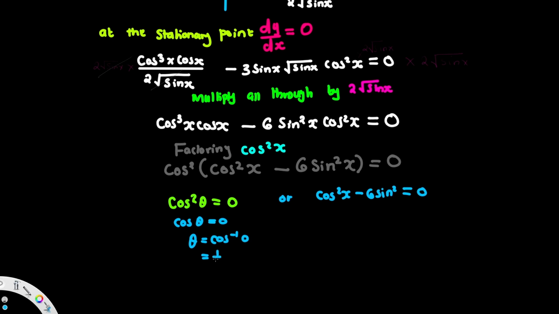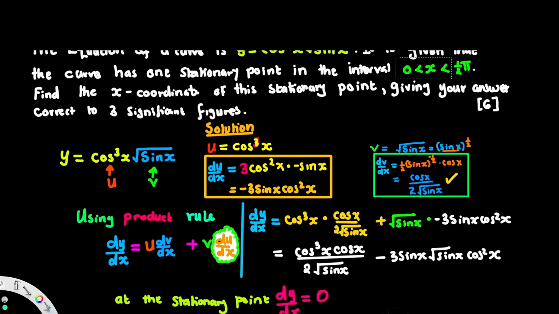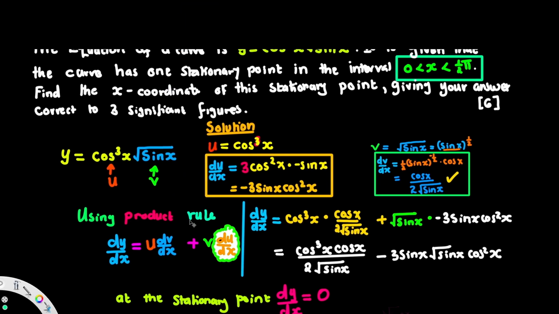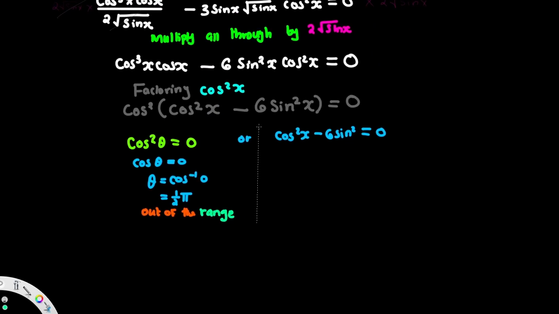If you find the cos inverse both sides, you're going to get half pi, and actually this is out of the range, because the range that was given at this particular point was x greater than 0 or less than half pi. Since that's out of the range, we are not going to use that value of x.